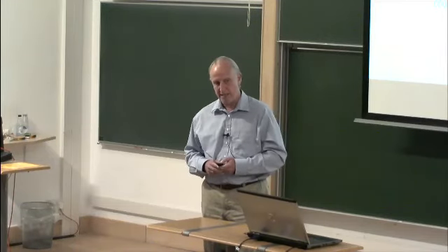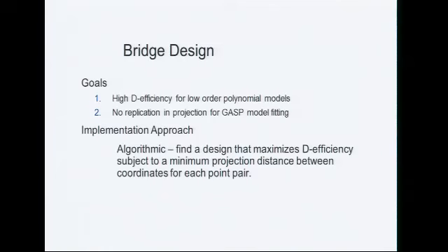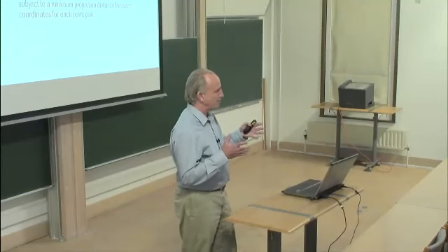So the implementation approach is an algorithmic one. You find a design that minimizes some variance measure subject to a minimum projection distance between coordinates. And this is actually motivated quite a bit by Dette and Pepelyshev's paper in Technometrics, where they consider Latin hypercube designs.